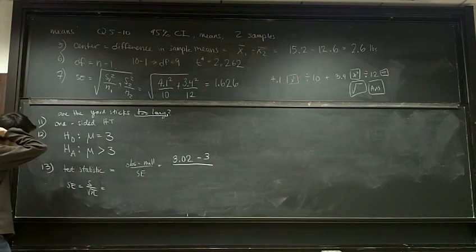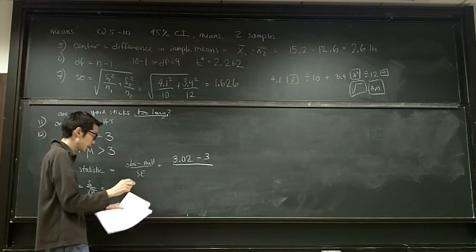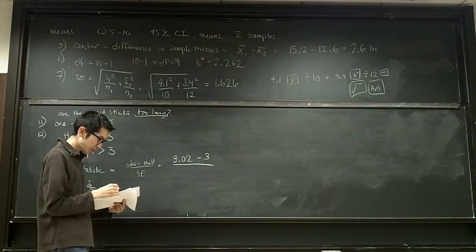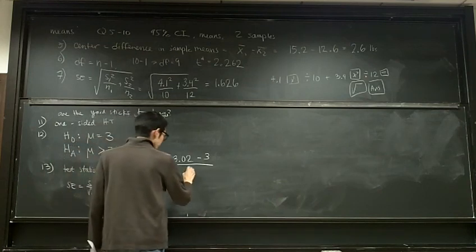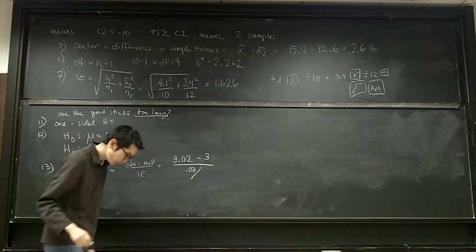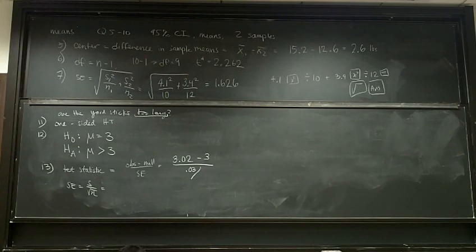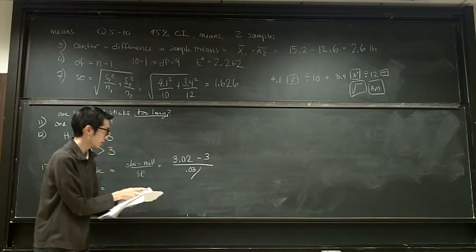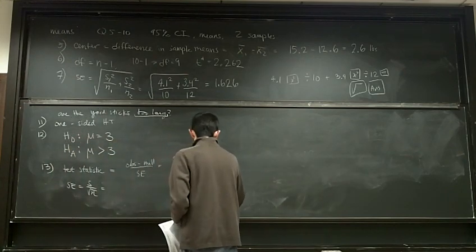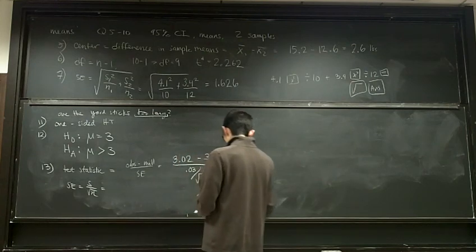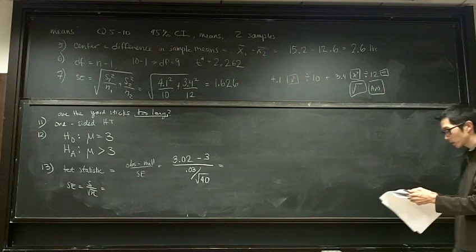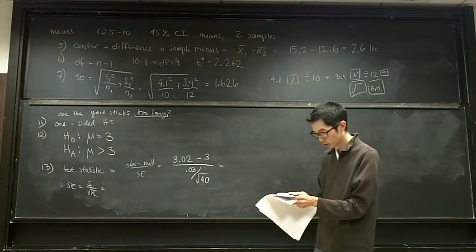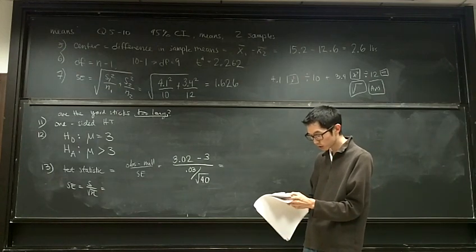So in this case, my s is, what does the problem say? 0.03, okay. And how many yardsticks did I look at? 40. I looked at 40, so I'm going to do 0.03 divided by the square root of 40, and I'm going to get a big decimal here, okay?